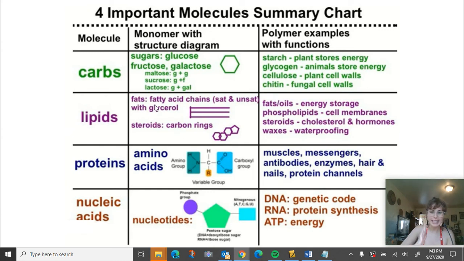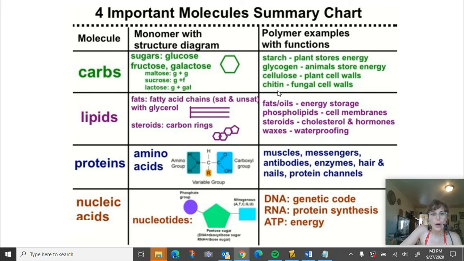And by kinky, I mean kinky like this. And they are unsaturated because they are not filled with hydrogens. Instead, there are double carbon bonds that make them look kind of kinky. And because they're kinky, they are liquid at room temperature. They do not just stack nice and easily on top of each other.